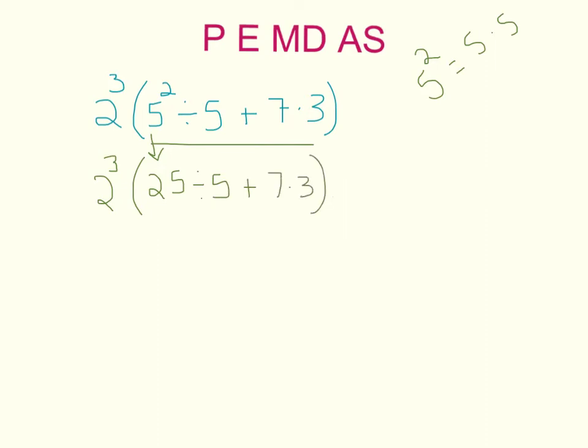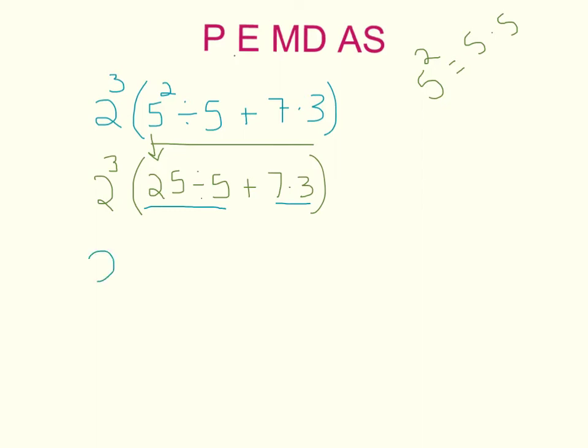Okay, we still have parentheses, and inside the parentheses we have multiplication and division. We can do both of them. We can do 25 divided by 5, which we know is 5, and we can do the 7 times 3, which is 21.